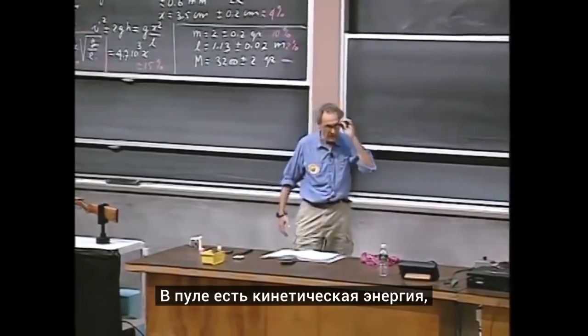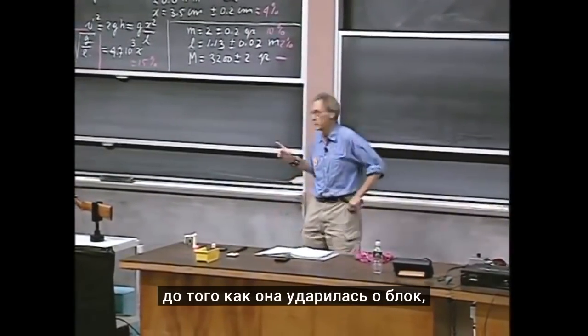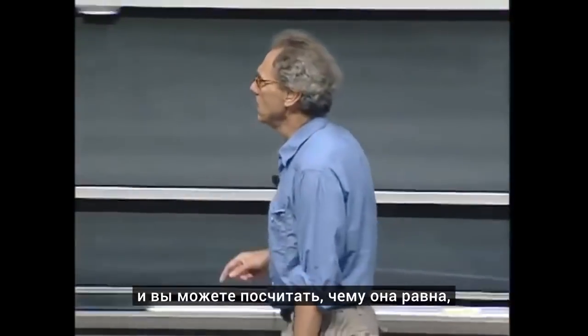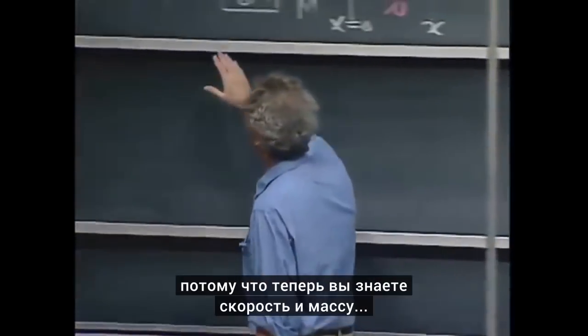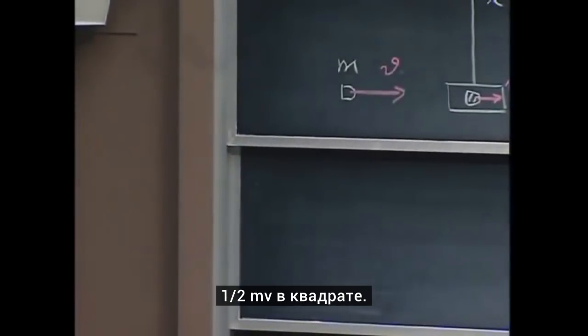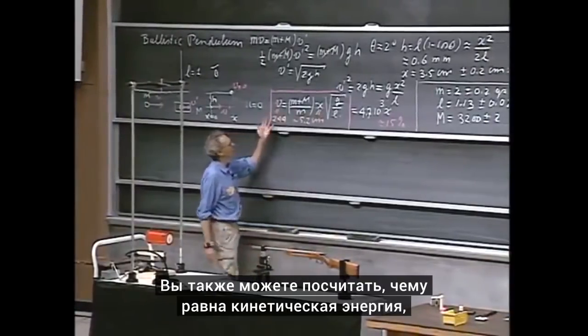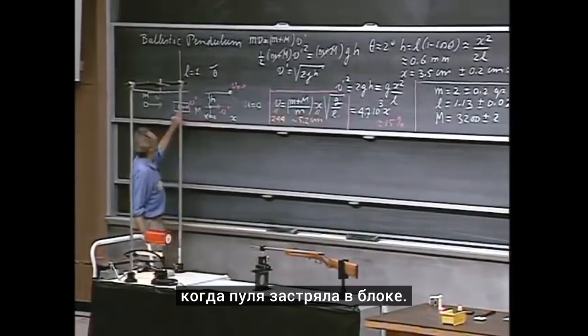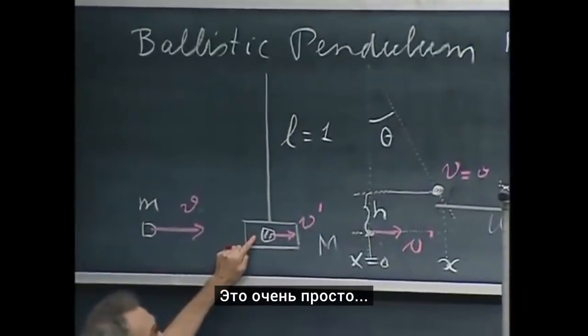We had kinetic energy in the bullet before the bullet hit the block. And you can calculate how much that is, because you know the speed now, and you know the mass. 1/2 mv squared. You can also calculate how much kinetic energy there is when this bullet is absorbed in here. That's very easy.